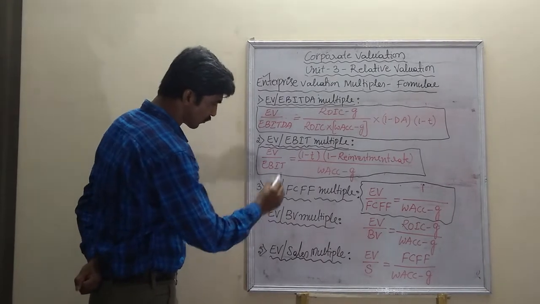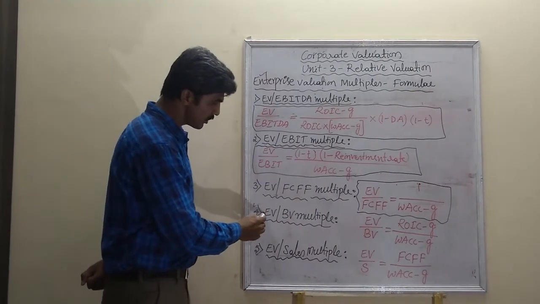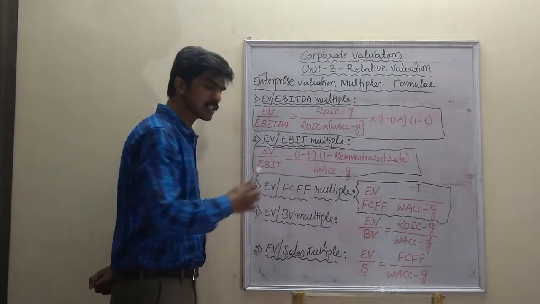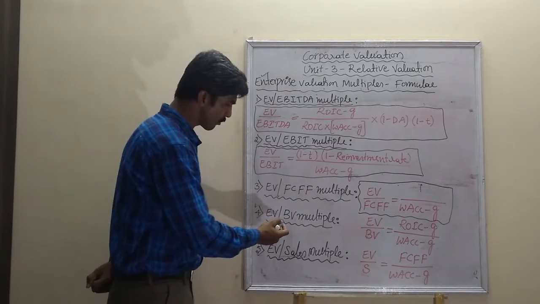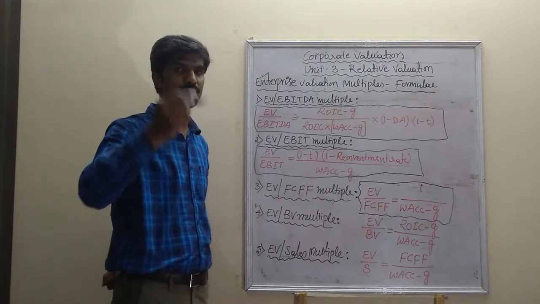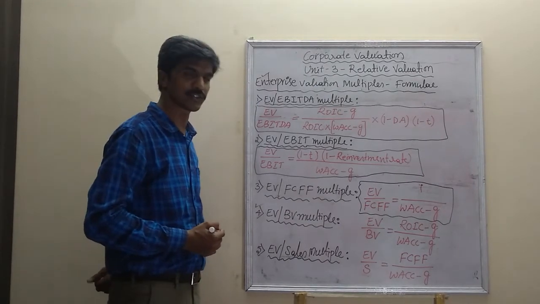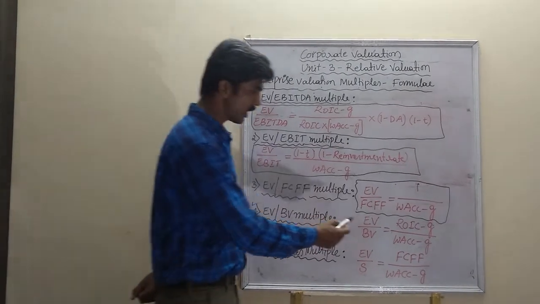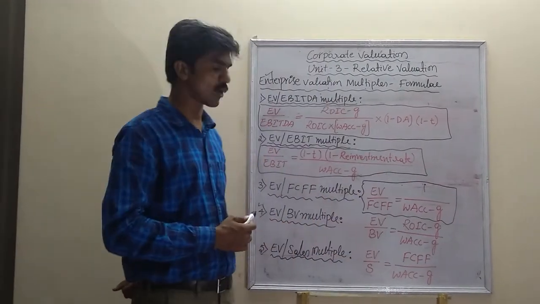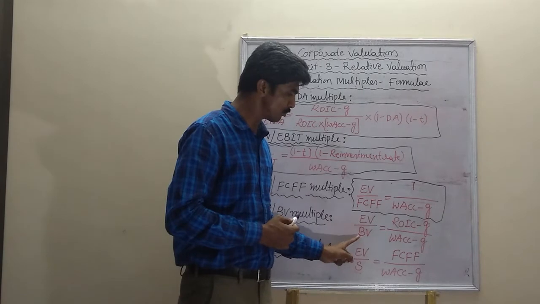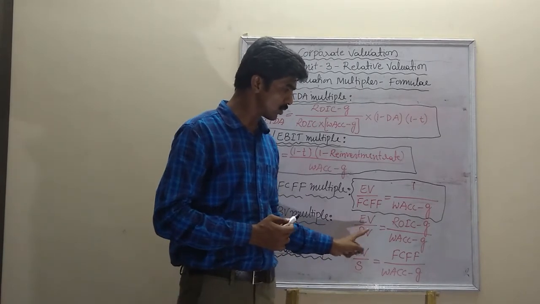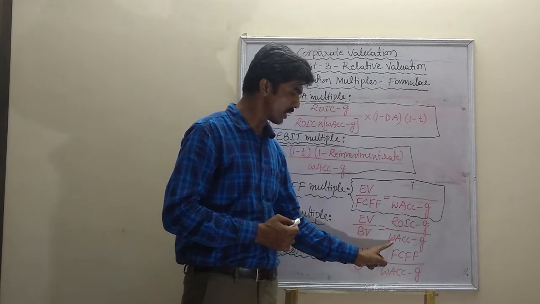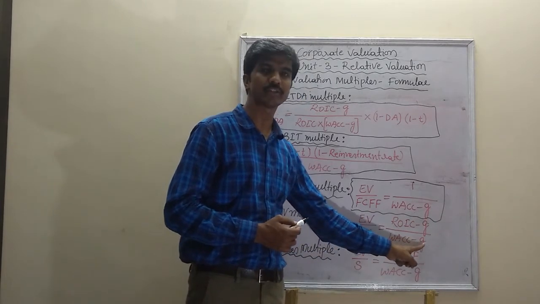Now move to the fourth one, that is the EV to BV multiple, wherein EV stands for enterprise value, and BV stands for book value of shares. The ratio of these two is calculated using this formula: EV to BV multiple is equal to (ROIC minus G) all divided by (WACC minus G).